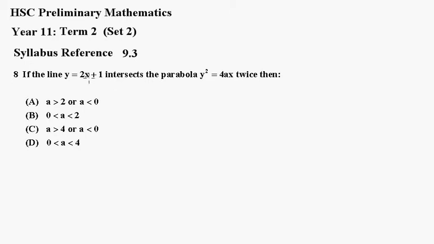So we know y equals this, so by substitution, I'll have 2x plus 1 all squared equals 4ax. Now this becomes 4x squared plus 4x plus 1 equals 4ax.